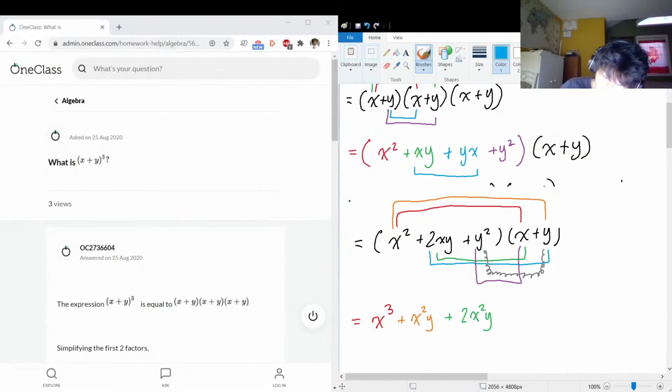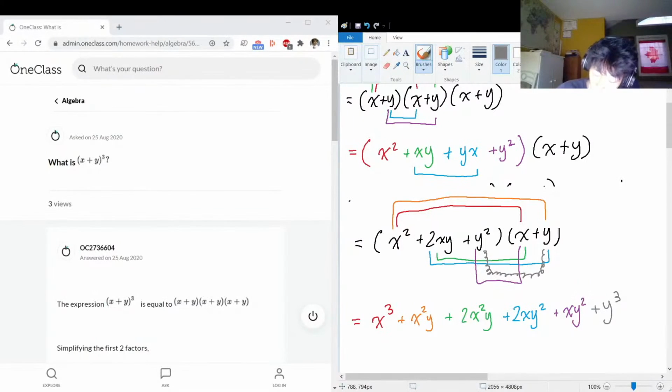Next thing was blue. So 2xy times y, so that is plus 2xy squared. And then next thing was the purple. Y squared times x, plus xy squared. And the last one was in gray but curly. I'm not going to draw these out curly, but plus y cubed.